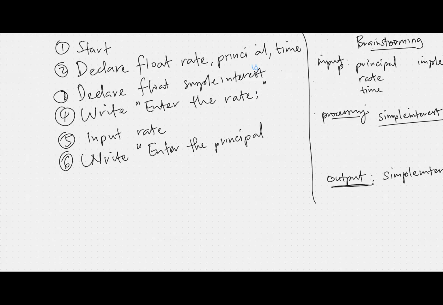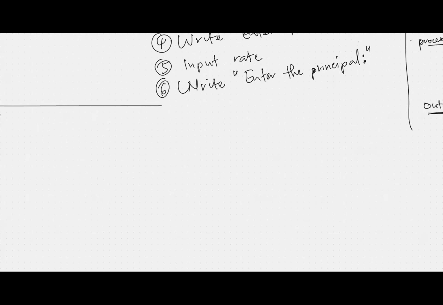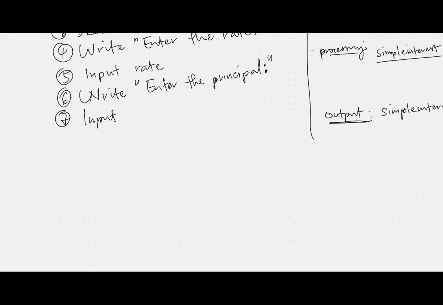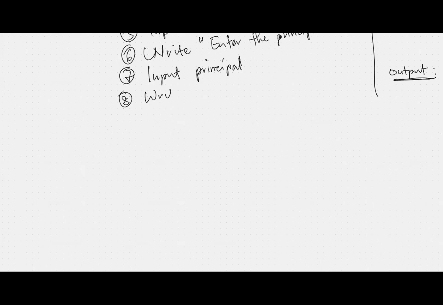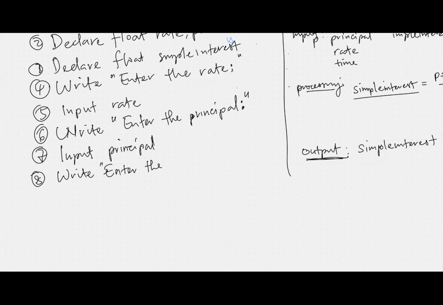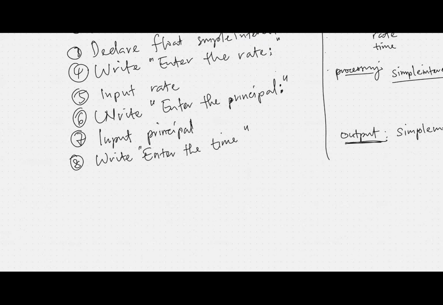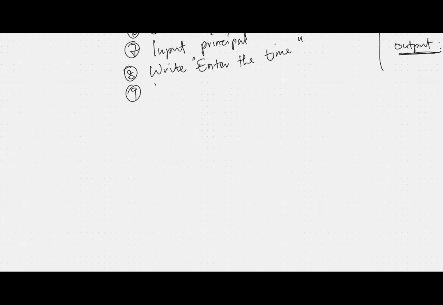Then number 7, you will input the principal, okay? Then number 8, the last but not the least, you will do the prompt for enter the time. Then number 9, you will do the prompt for input time. Okay. So now you've done all the inputs.